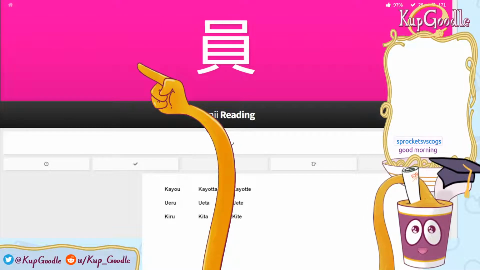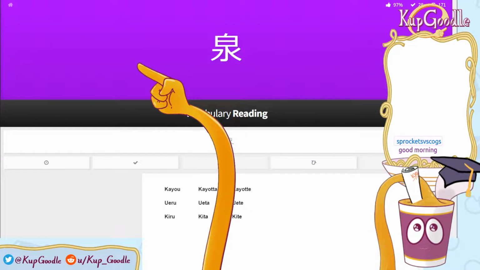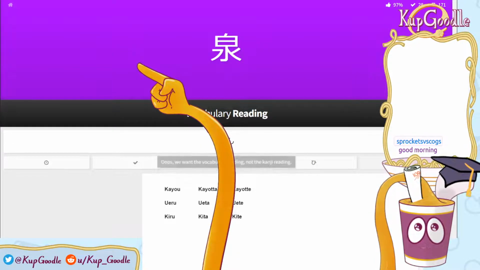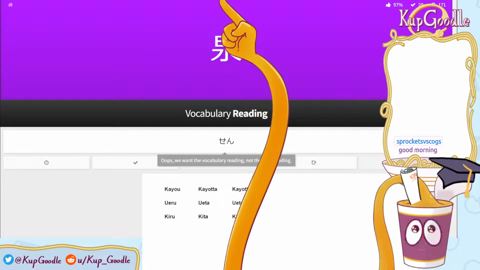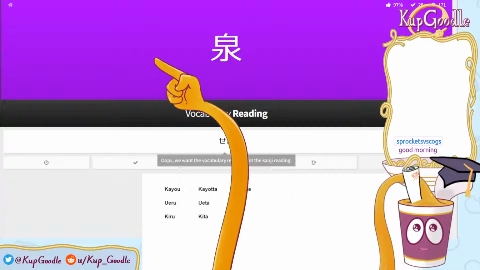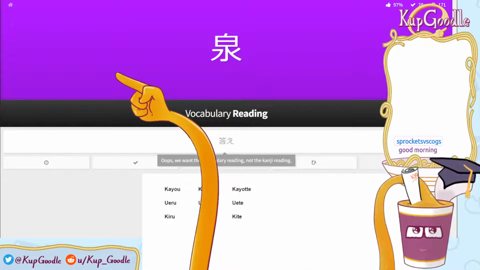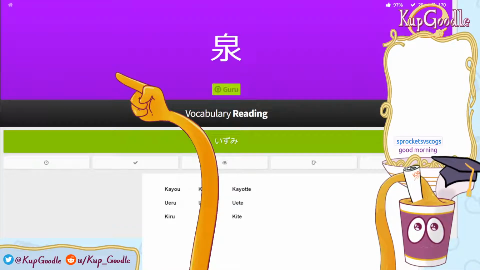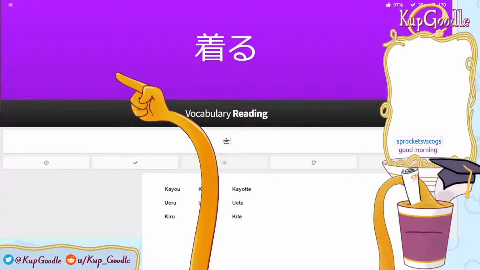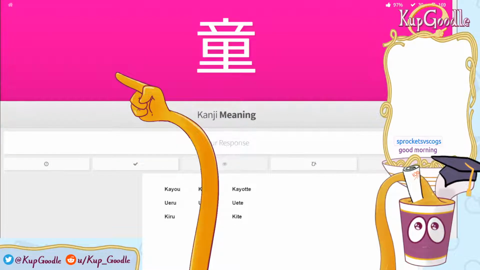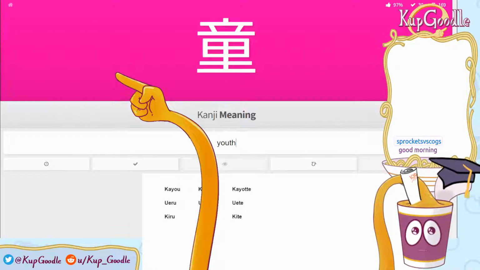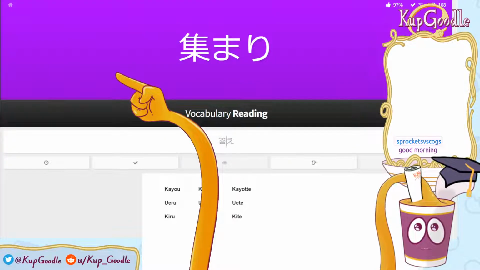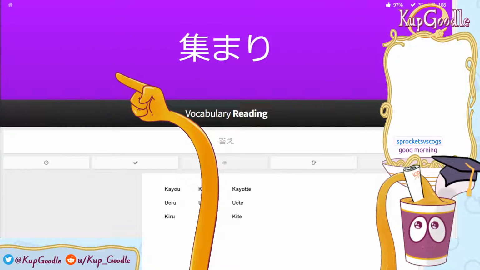And member is in. Sen. We want Izumi. Kiru. Meaning youth, juvenile. Atsumari.